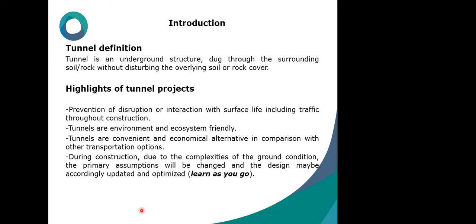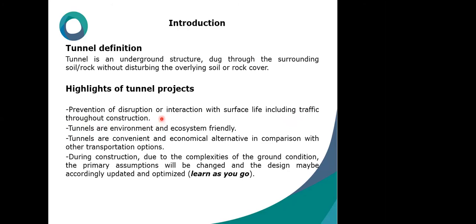Let us review the tunnel definition here. Tunnel is an underground structure dug through the surrounding soil or rock without disturbing the overlaying soil or rock cover. Here are some highlights of tunnel projects. In tunnel projects, prevention of disruption or interaction with surface life, including traffic, throughout construction.